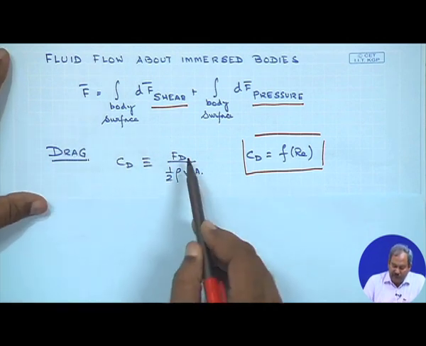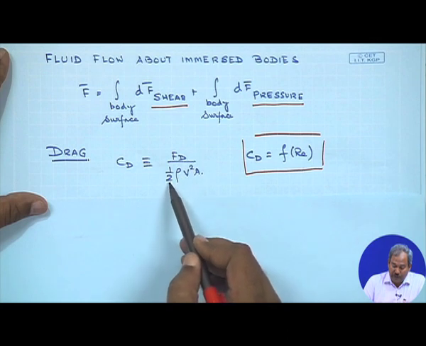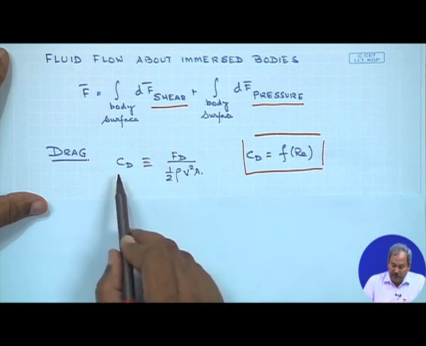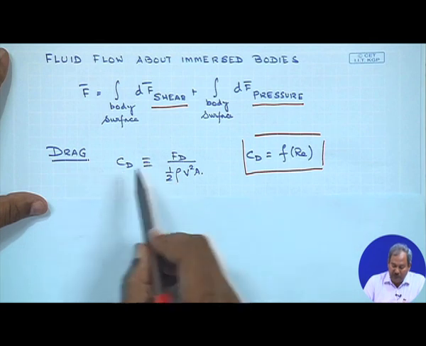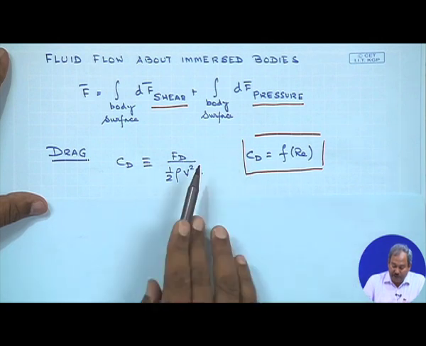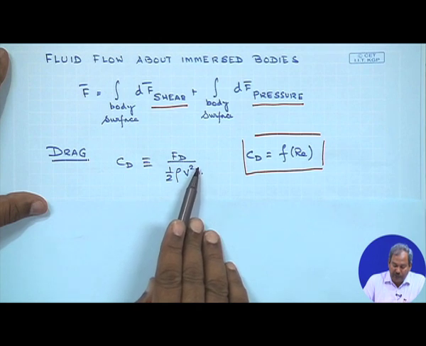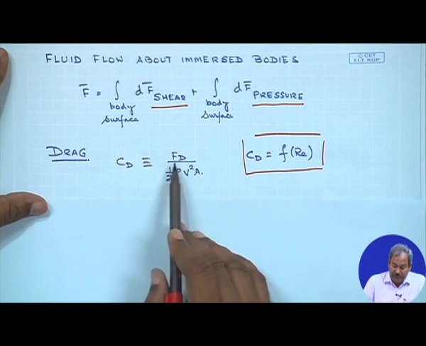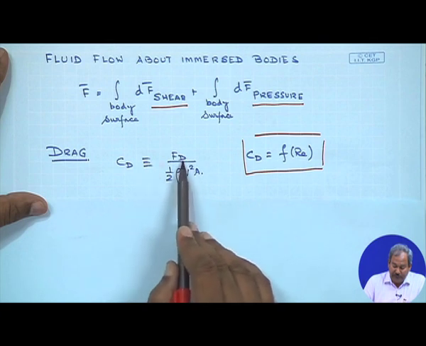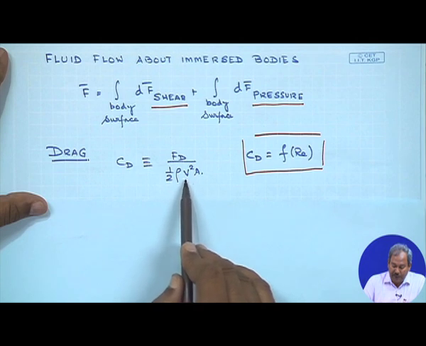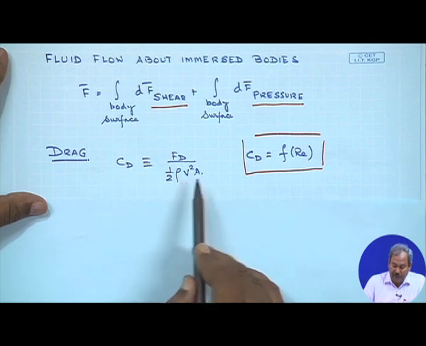And so CD is defined as the force divided by half rho v squared A. If you recall the definition of CF, the friction coefficient, the FD over there was replaced by tau w, and in the denominator we only had half rho v squared, whereas CD is defined as FD, the drag force, divided by half rho v squared A, where v is the free stream velocity.